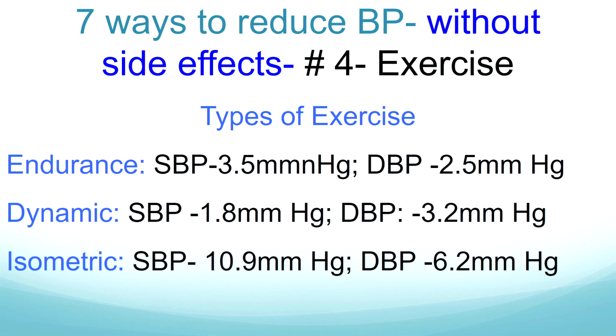So another systematic review, the top level of evidence type of research, done in 2012 was published on behalf of the American Heart Association, and it discussed 3 types of exercises: endurance exercise, dynamic exercise, and isometric exercise. So those are 3 different types of exercises, and as we see from this review, each of the different types of exercises have a different effect on blood pressure.